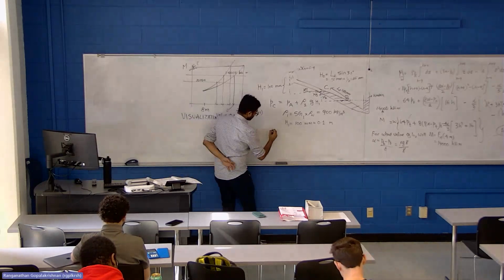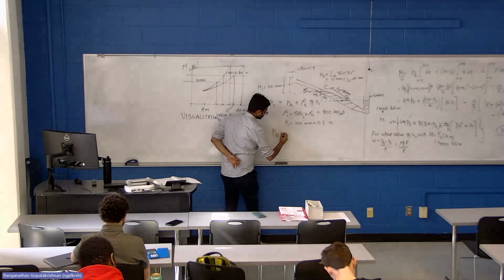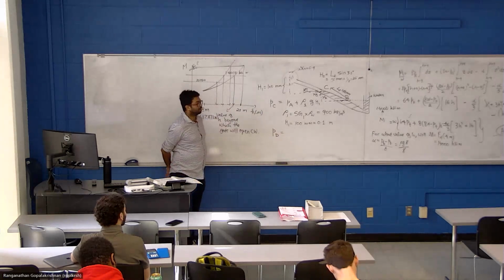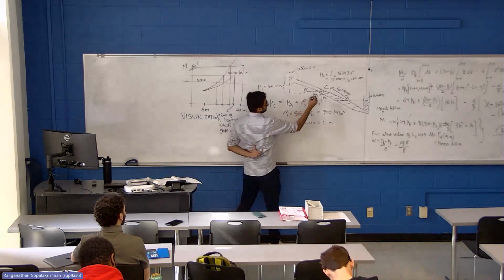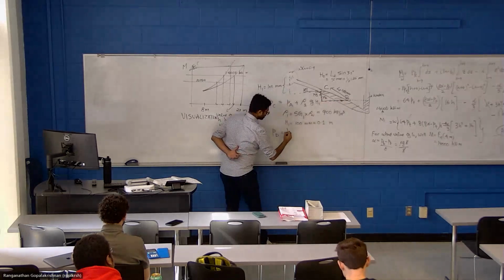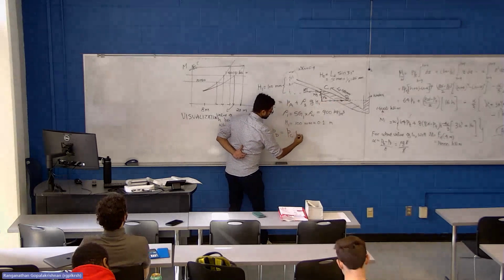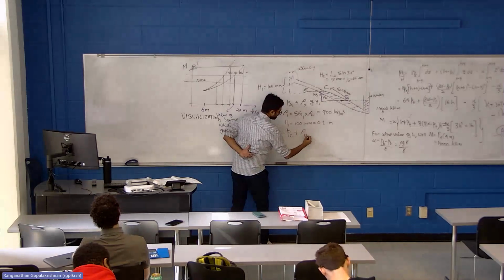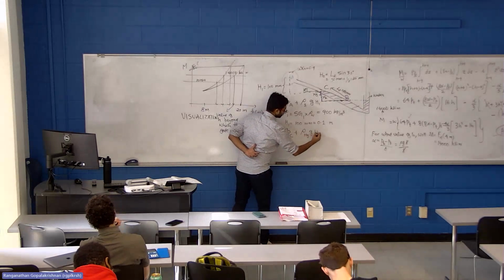So can you tell me what is the pressure at point D? If the height difference between C and D is H2, the pressure at point D will be Pc plus the density of mercury times g times H2.